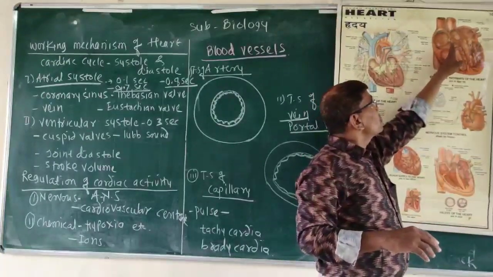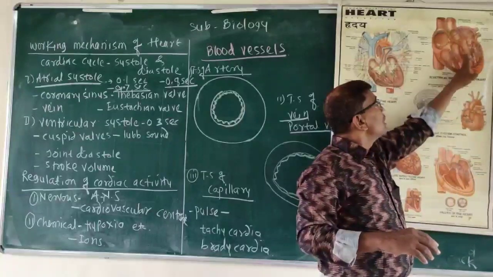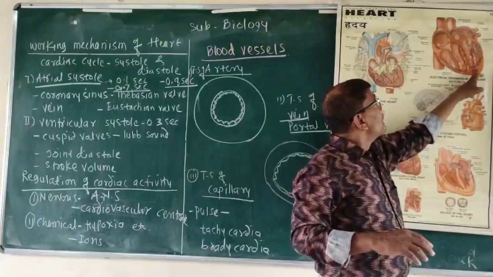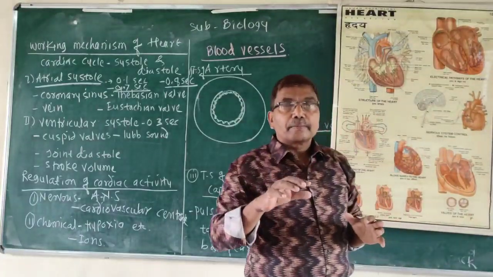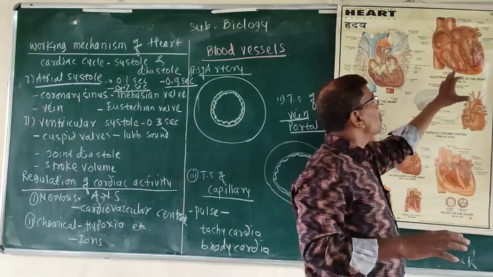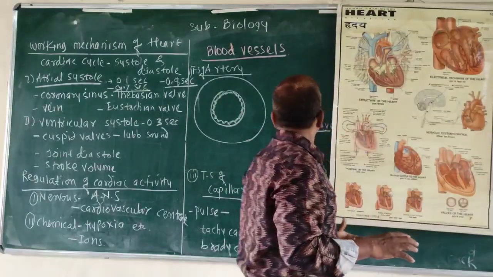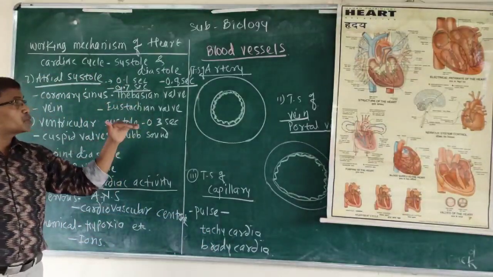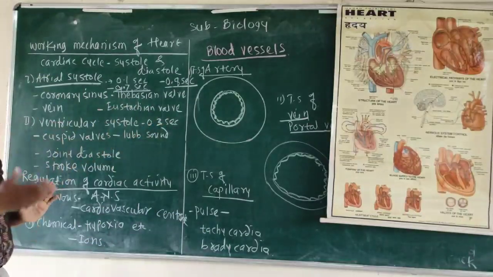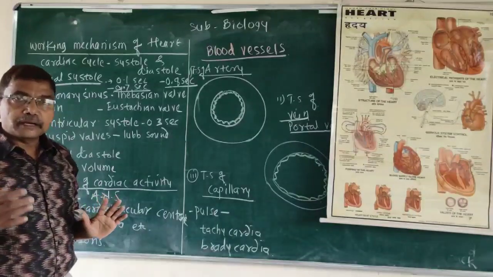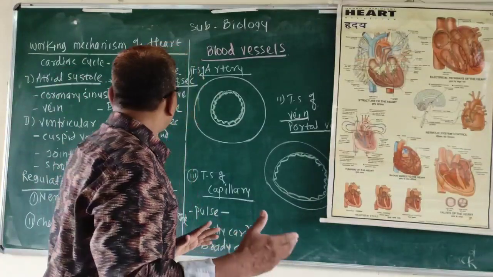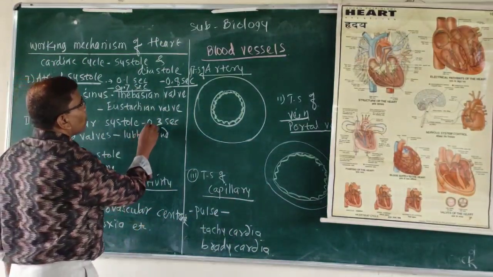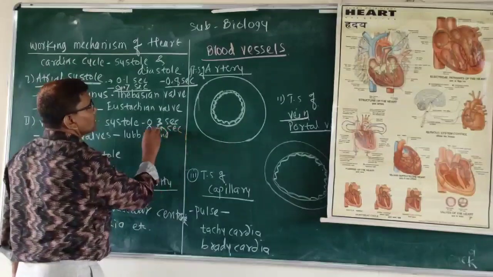Then the wave of contraction is conducted by the bundle of His and Purkinje fibers present in the wall of the ventricles, and due to the fast conduction of the wave over the ventricular wall, ventricular systole takes place, for which 0.3 seconds are required. Then the ventricle enters the phase of ventricular diastole, which lasts for 0.4 seconds.